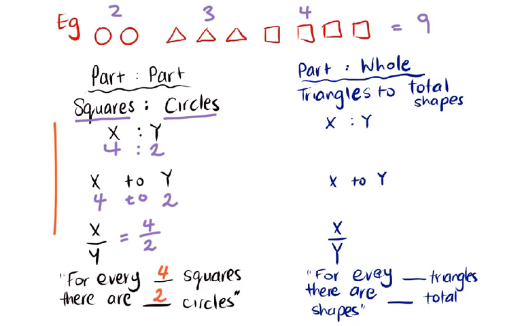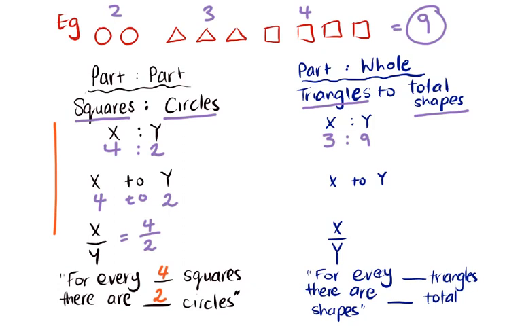Now another way to look at it is to compare one part of this example to the whole example, so the total number of shapes. So here it's asking to compare the number of triangles to the total number of shapes. So the number of triangles is 3, and we're going to do those 2 dots, and the total number of shapes is 9.